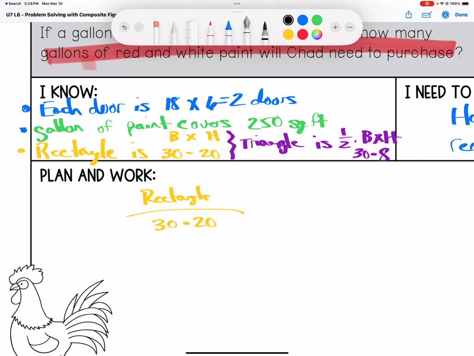The formula for that was area equals base times height. So write that somewhere. 30 times 20 is 600 feet squared. So that's my first thing right there.